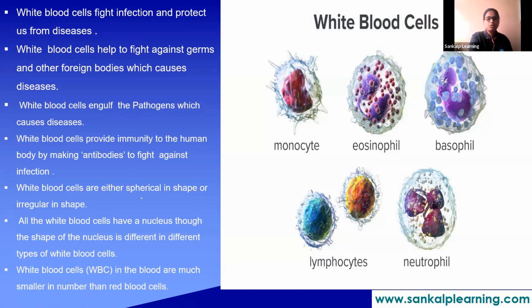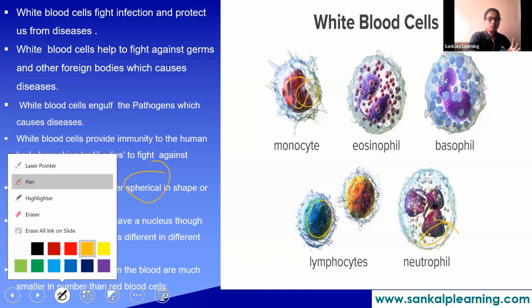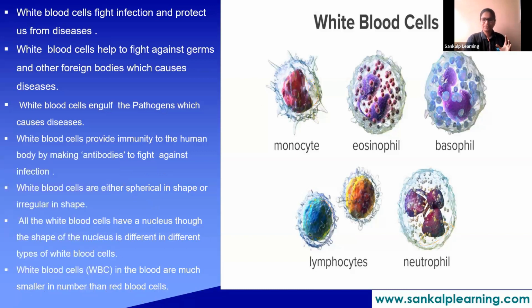Then these are usually spherical or irregular in shape. The specialization of white blood cell is that the nucleus will be in a varied shape. So based on the shape of a nucleus, as you can see on a slide, WBCs are of many types. See the shape of the nucleus of monocyte over here, right? It is somewhat spherical.